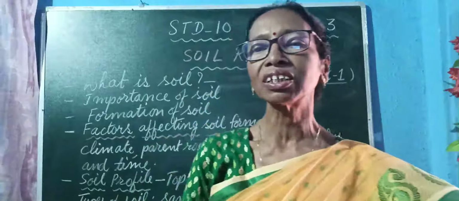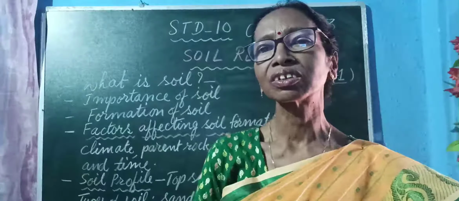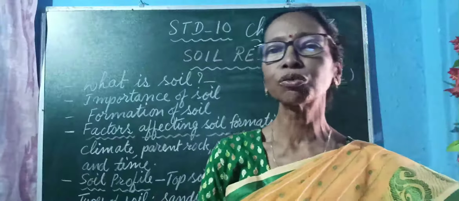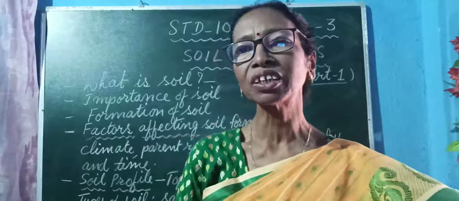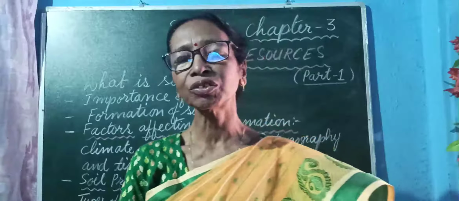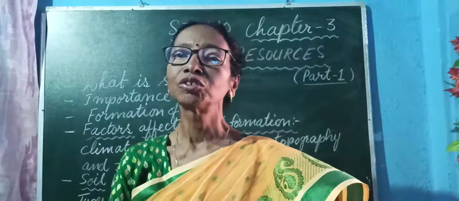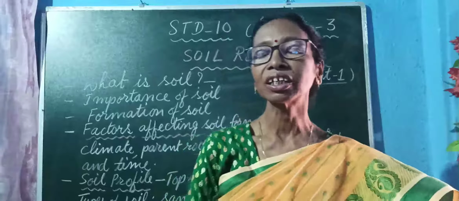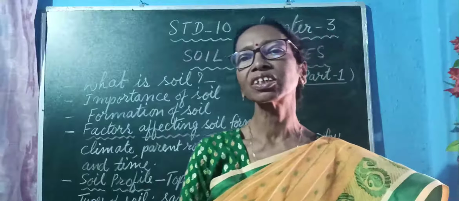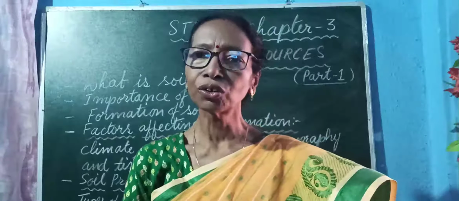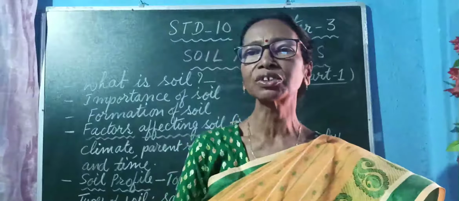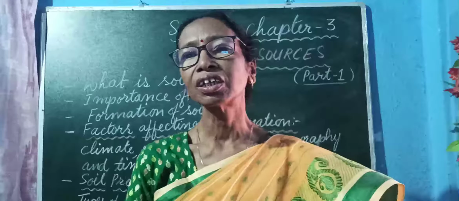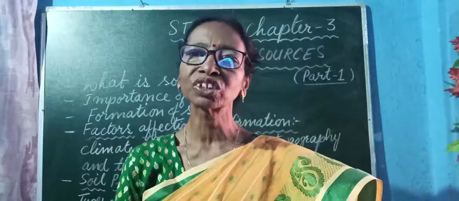We get directly a lot of products, all cereals, all food crops, all the fruit and vegetables, and indirectly we can get all meat, eggs, honey, or a lot of things. So soil is a very important resource among all natural resources.